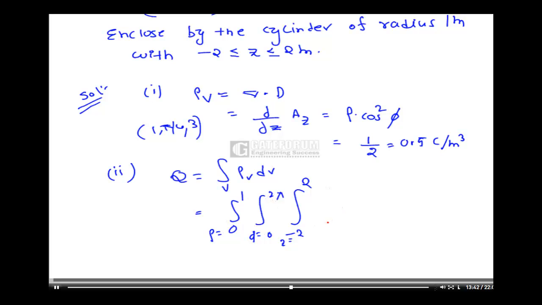Here rho v is equal to rho cos square phi, which we calculated. So rho cos square phi dv.